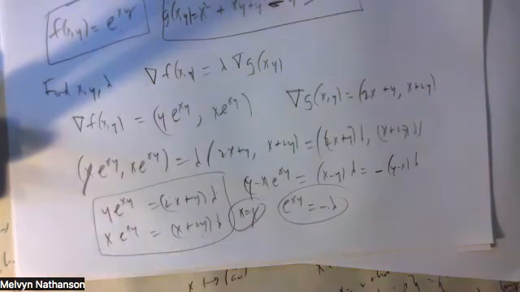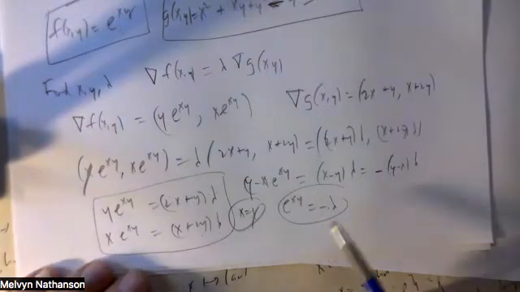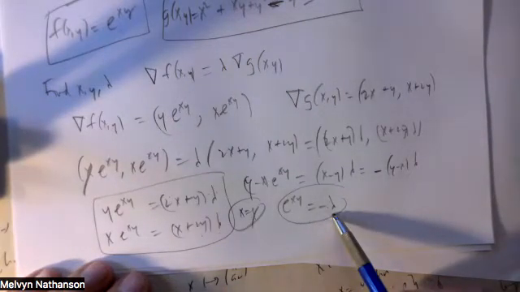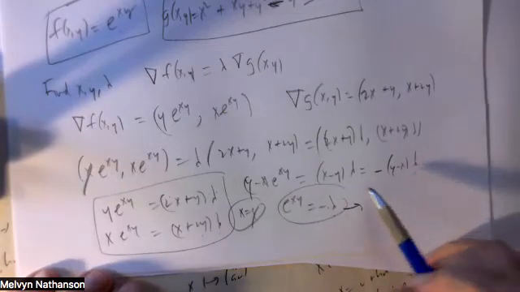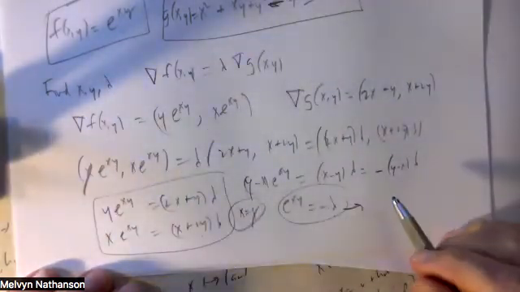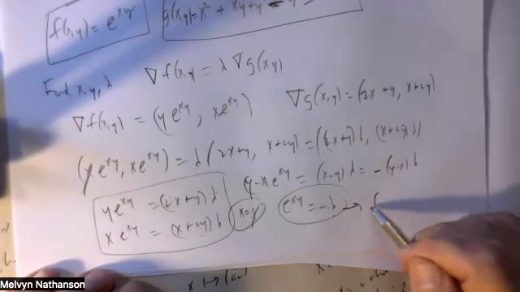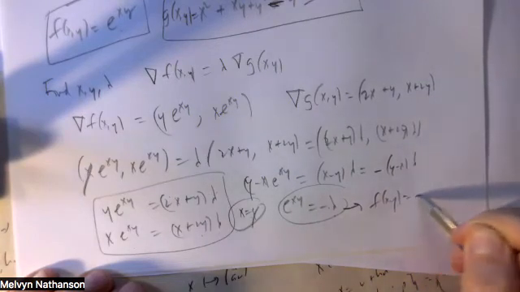So let's see what happens in those cases. Of course, if e to the xy equals minus lambda, then because the function f of x, y is e to the xy, this just means f is constant: f of x, y is equal to minus lambda.